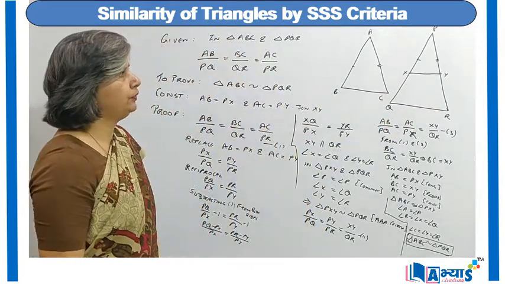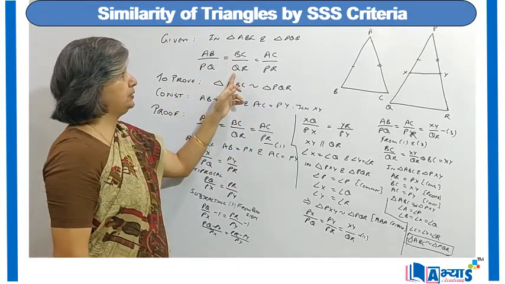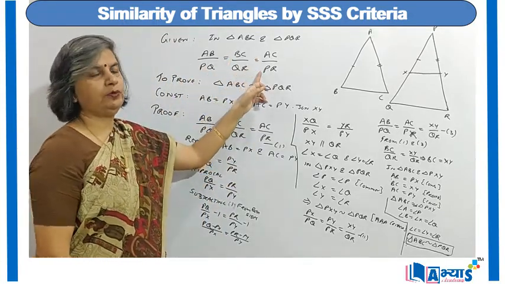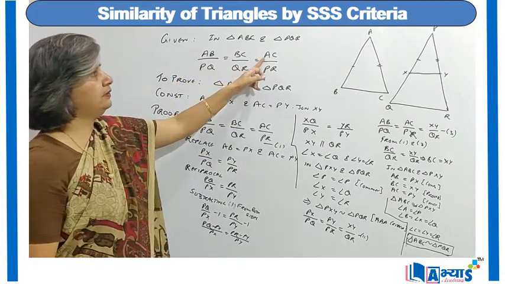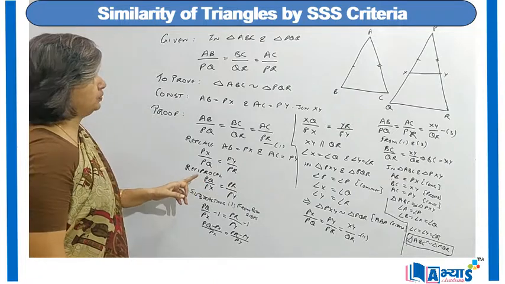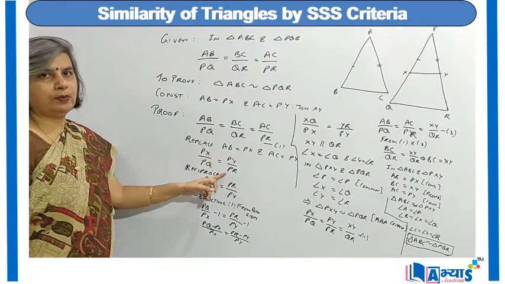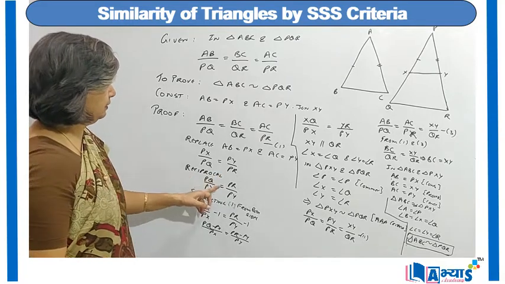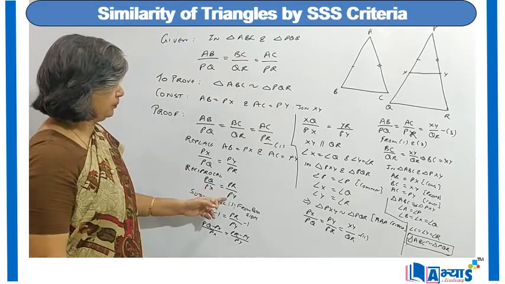So for the proof we know that AB upon PQ is equal to BC upon QR is equal to AC upon PR. We have replaced AB with PX and AC with PY. So we have got PX upon PQ is equal to PY upon PR. Then we have taken the reciprocals. So PQ upon PX is equal to PR upon PY.